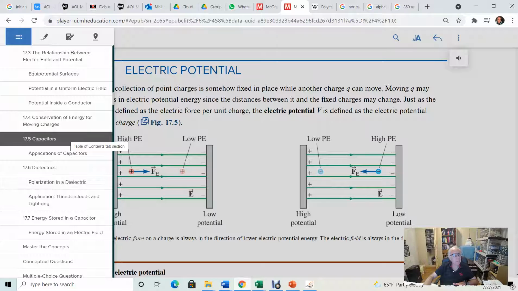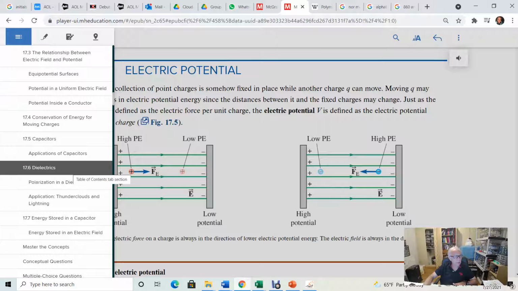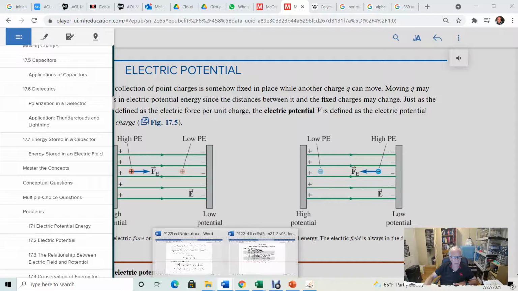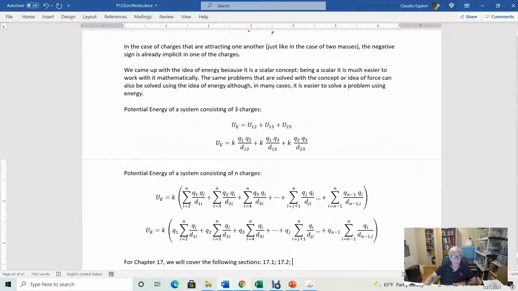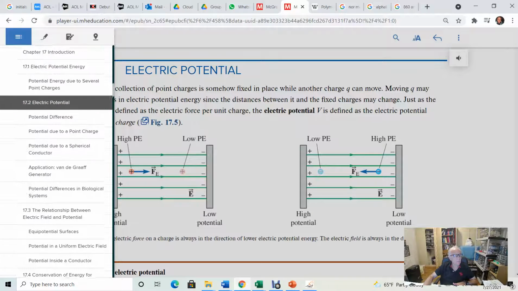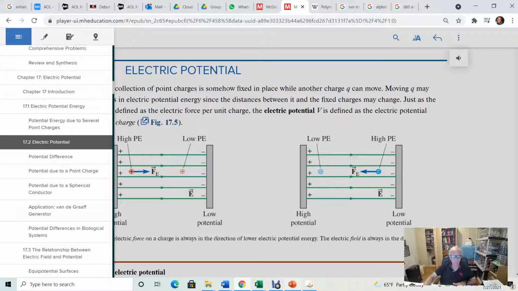Now it's coming into dielectrics. Yeah, we can do that. Energy stored in a capacitor. Everything. We're going to do everything, from 17.1 through 17.7.